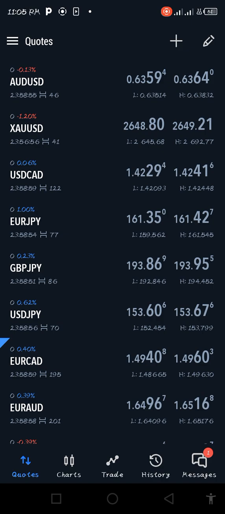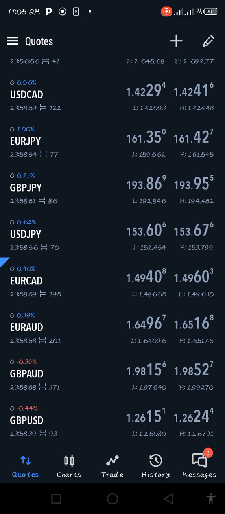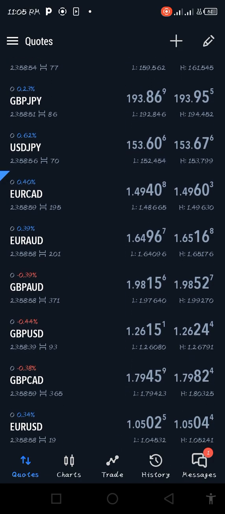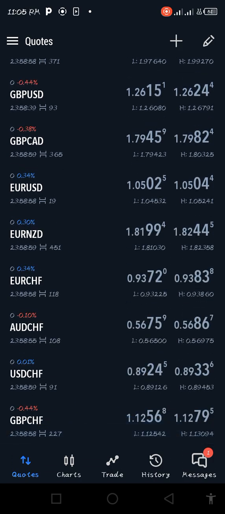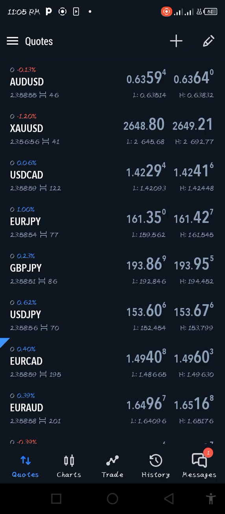So those are my biases on those pairs, and I will be analyzing Euro JPY together with GBP JPY. Why? Because of the positive correlation on those pairs, and I will be sending it to you later on.